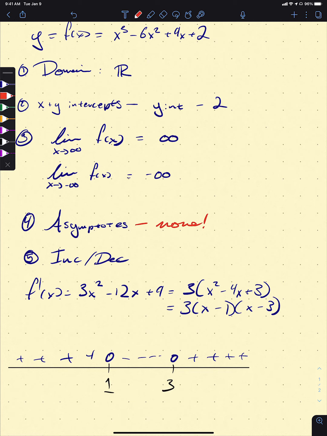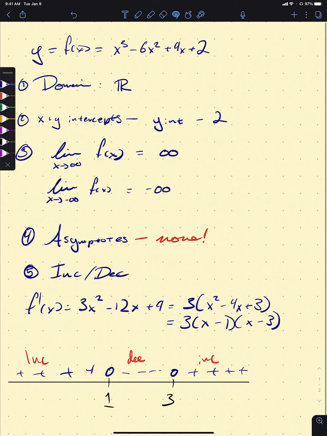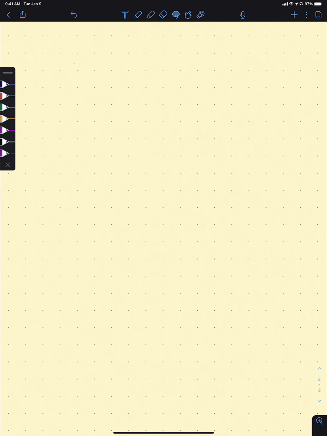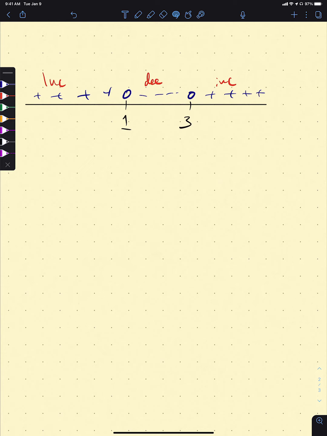So since we know this about the first derivative, we know that my function is increasing here, decreasing there, and then increasing again there, on these intervals. And then I'm actually going to copy this and put it onto our next page, just to keep track of this.